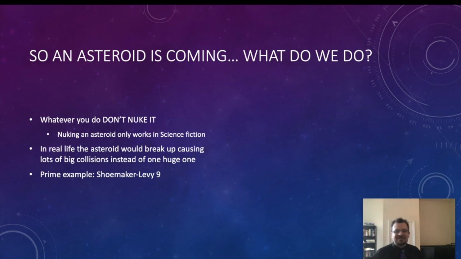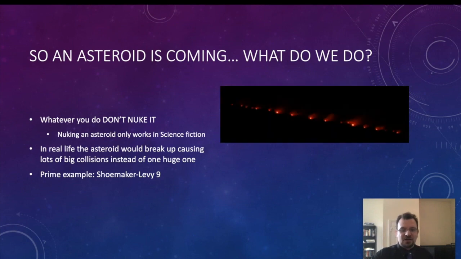So a prime example of one of these things blowing up, separating out, is Shoemaker-Levy 9. So when I was a baby astronaut, like 1994, I believe, this smacked into the backside of Jupiter.